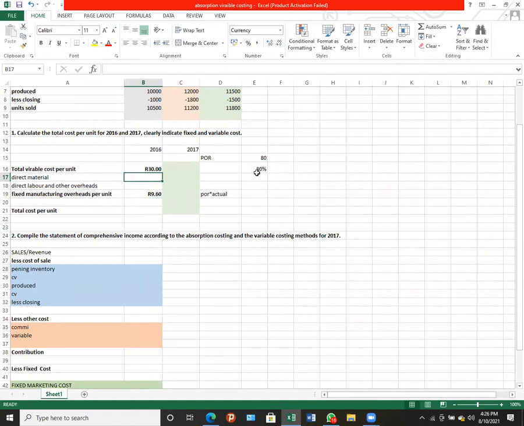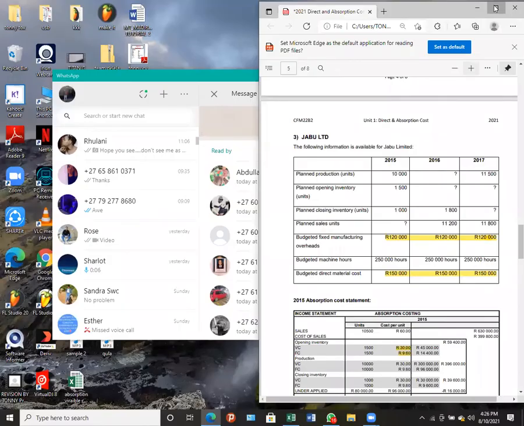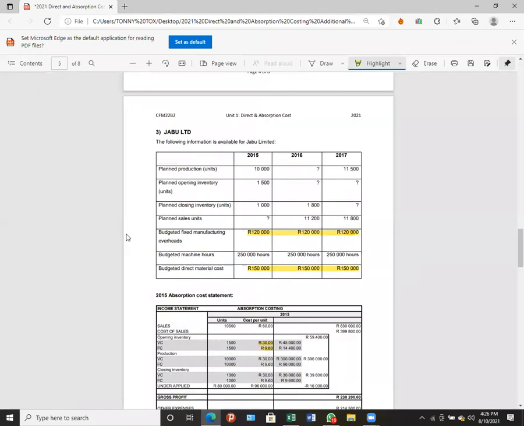Everyone is comfortable with how to calculate the POR? Yes. Here we have the budgeted fixed overhead, and here we have the budgeted material cost. We have only 10 minutes, so let me explain this in 5 minutes.